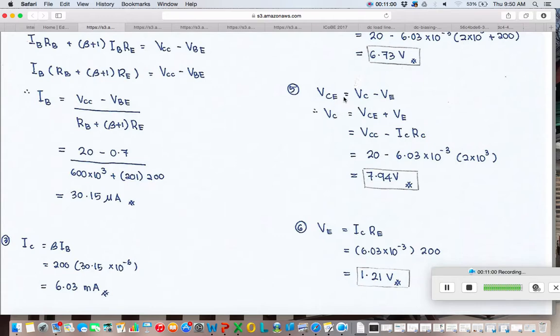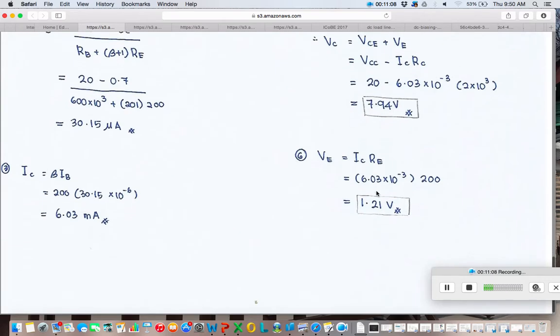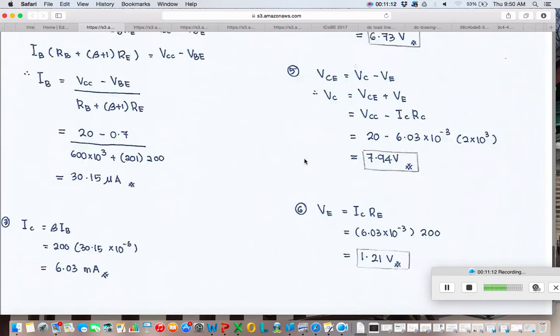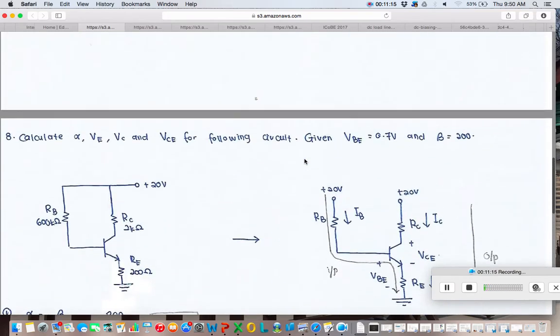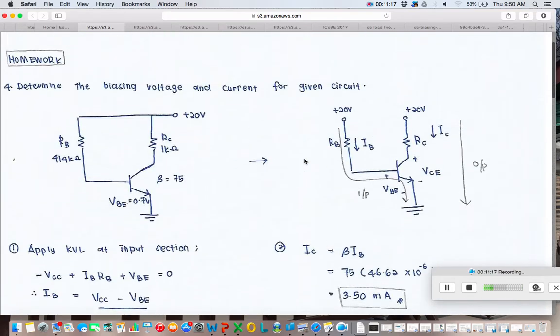You got VCE and VE already, so you just rearrange the equation to get VC, and finally is the VE. I hope you can still remember the important formula.